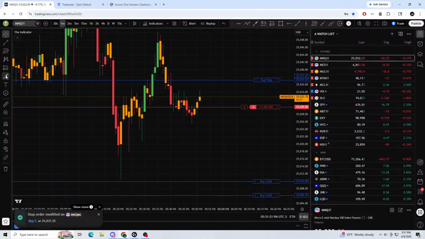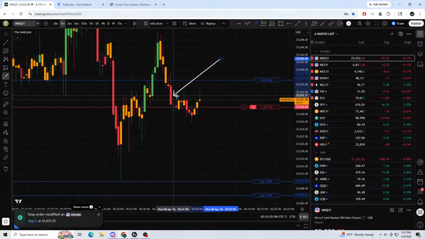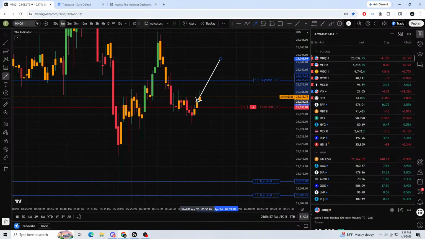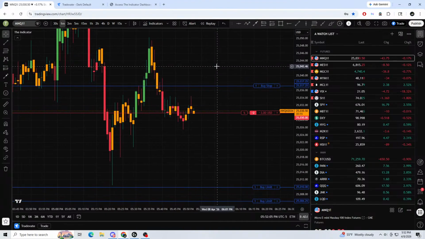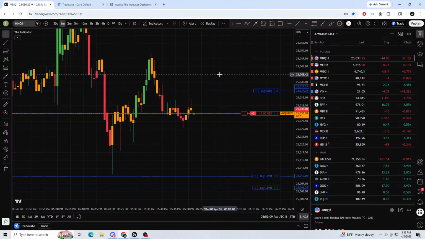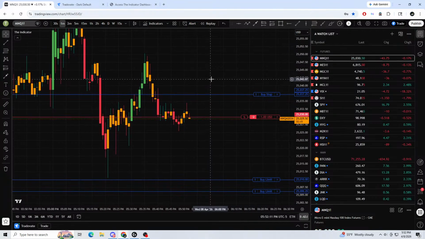The consolidation comes from these orange candles. They basically tell me that there's no momentum happening. Very slow. Very slow.